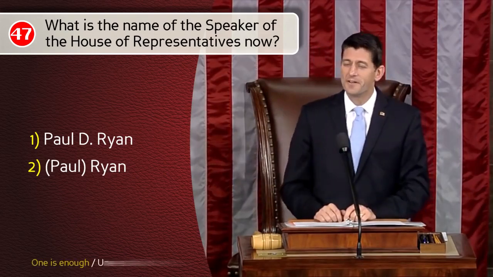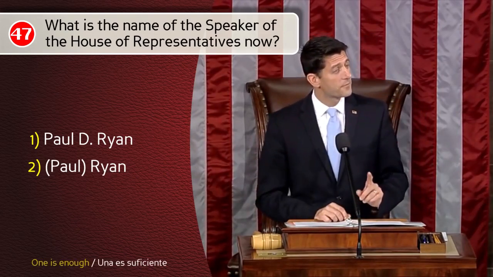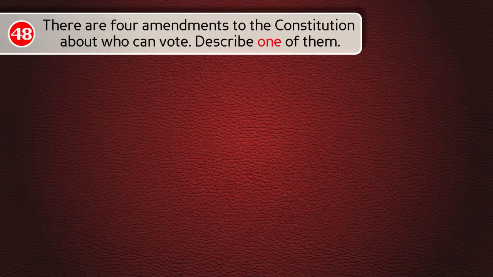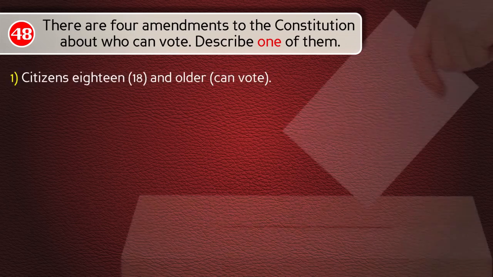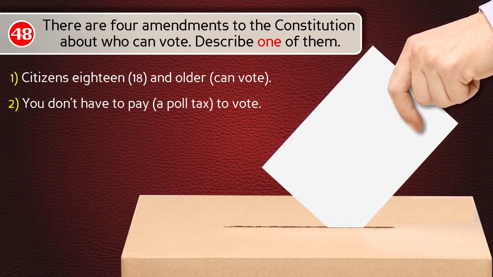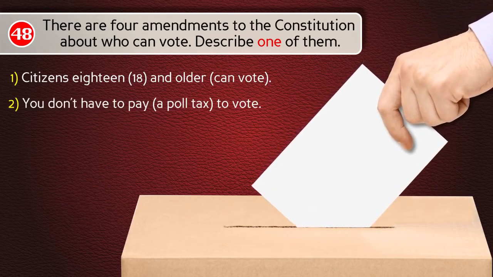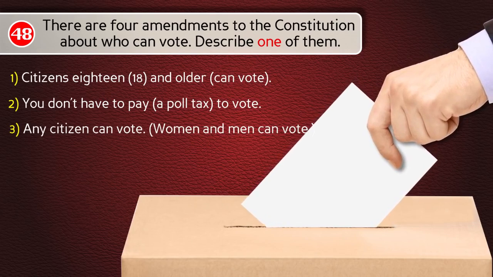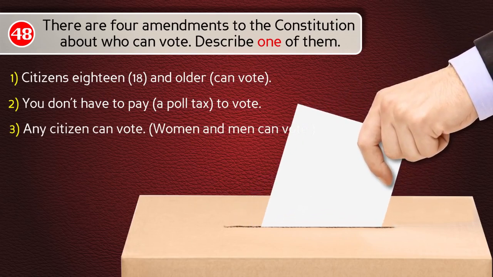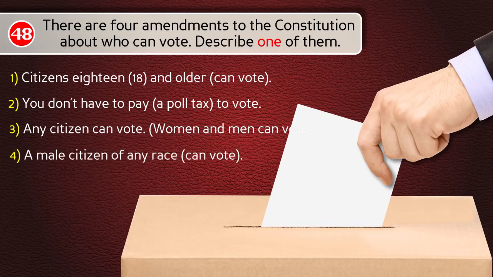Paul Ryan. There are 4 amendments to the Constitution about who can vote. Describe one of them. Citizens 18 and older can vote. You don't have to pay a poll tax to vote. Any citizen can vote. Women and men can vote. A male citizen of any race can vote.